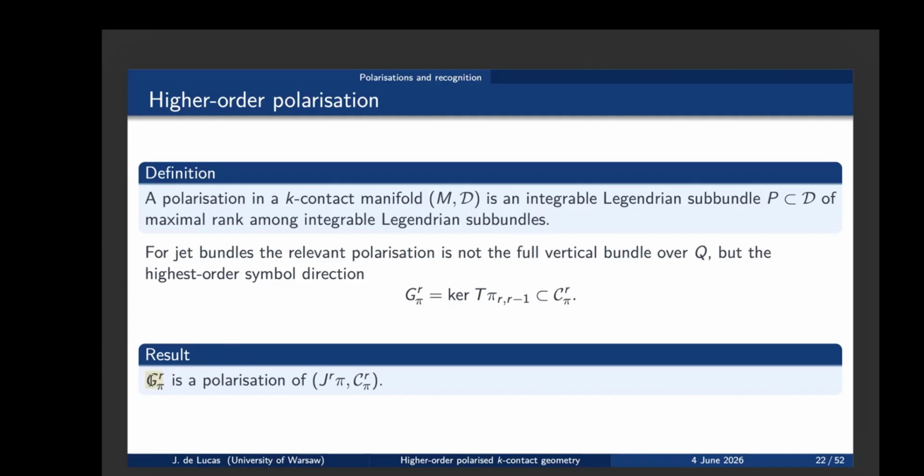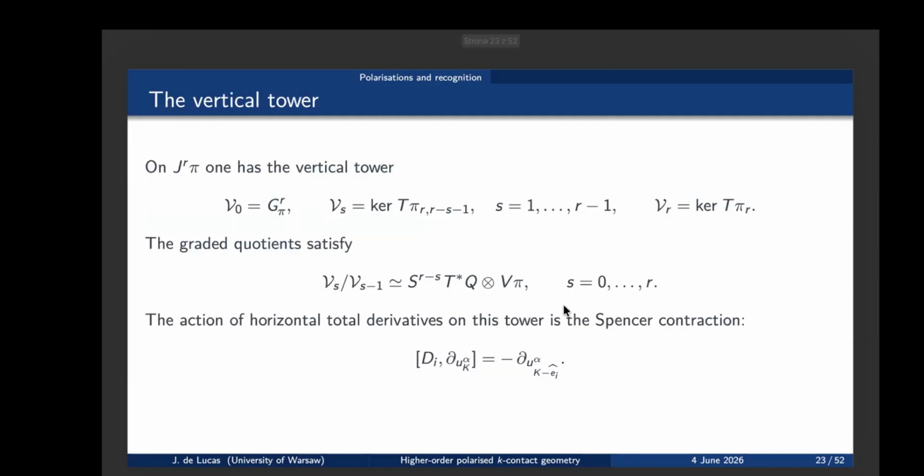This is a nice result. In the case of R equal to 1, it is just what Narciso and other people did. It is just a particular case that extends to a general thing. In the case of the jet manifold, we have more things apart from this polarization.